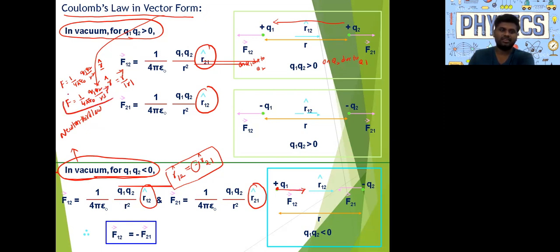So this is our Coulomb's law in vector form. In vector form we get R cube, but it is R square only in Coulomb's law. That's why we call it Coulomb's inverse square law, because it is inversely proportional to the square of the distance between the two charges. If you write in vector form, it gives R cube, but the force depends on R square only.